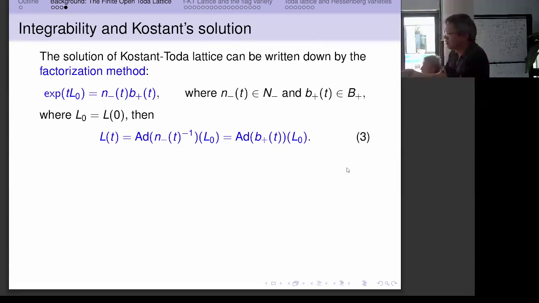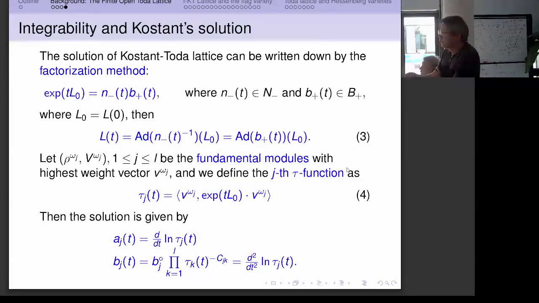I will show you a way where you don't even need to do this factorization. You can write down the solution like this. It looks a little fancy, but I will tell you what it is in type A; it's actually very elementary. Here rho omega I is the fundamental weight, so rho omega J is the fundamental representation, and V omega J is the representation space.